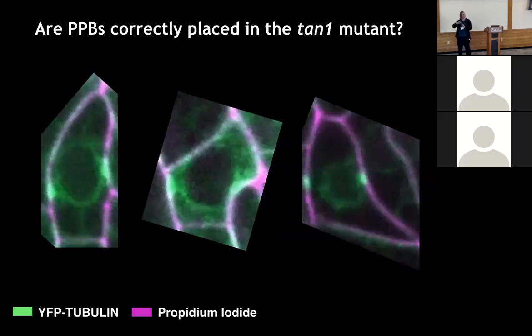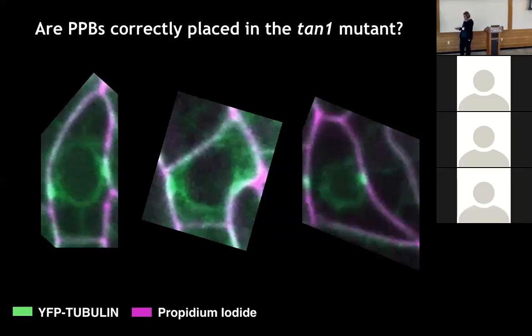They don't have the rectangular prismatic shape that you would expect of typical maize epidermal cells at this stage. So the question is, is the pre-prophase band actually in the correct location? What I mean by that is that it will form a minimal surface that will separate these into two equal daughter cells.